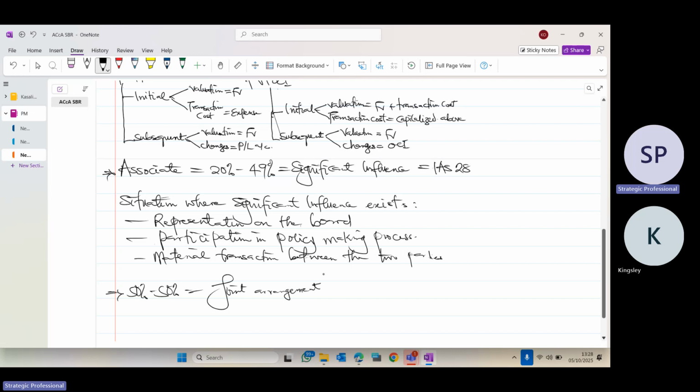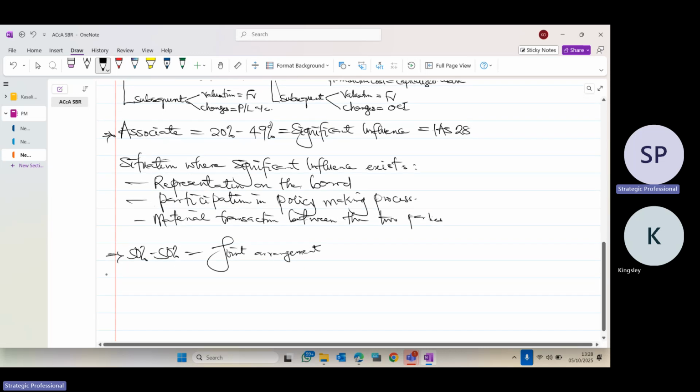Having said that, the next one that we also have to look at is investment above 50%. Let's say 51% and above.